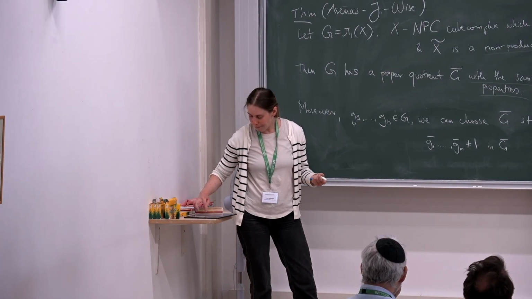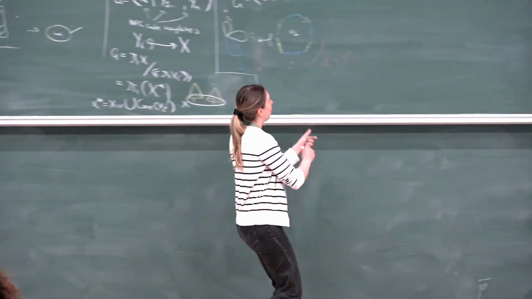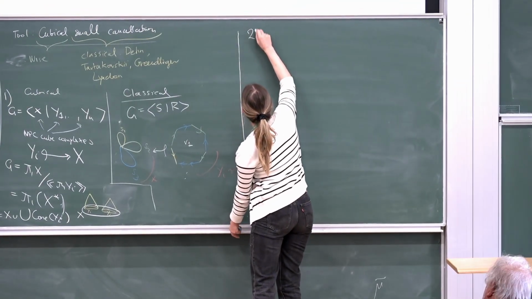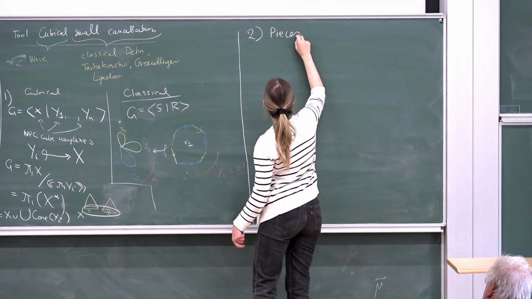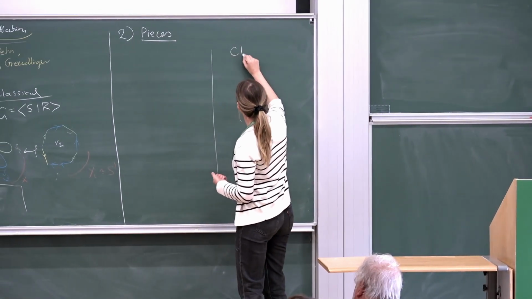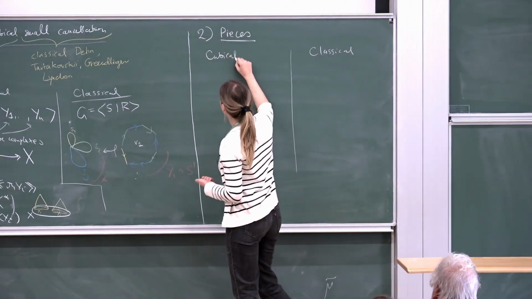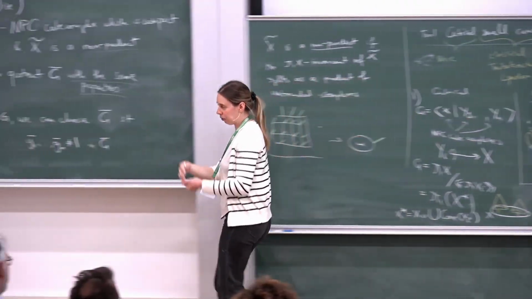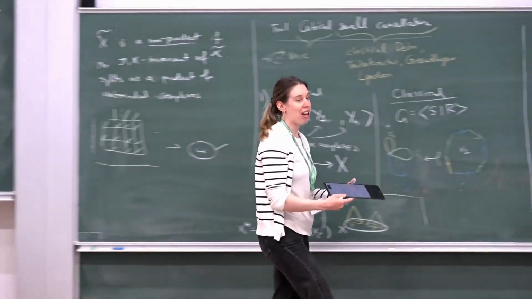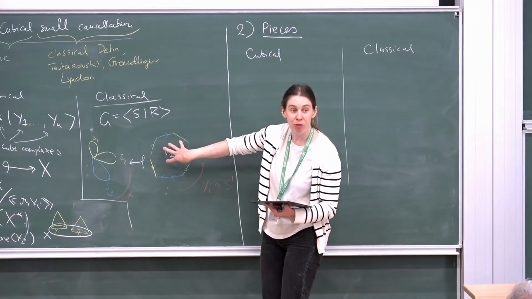Okay, so once we have group presentations, to talk about small cancellation, we need a notion of pieces. And so again, I can do it two ways, classical and cubical. In the classical case, if we think about our presentations geometrically, pieces will be just overlaps of a pair of relators.